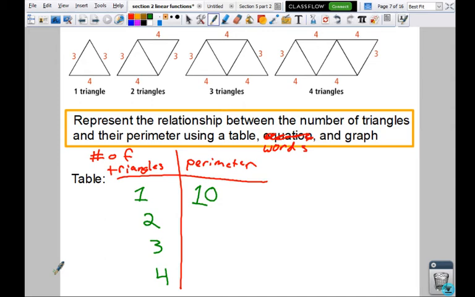Otherwise, we'll go over it in just a minute. Find the perimeter. And the perimeter is the distance around.